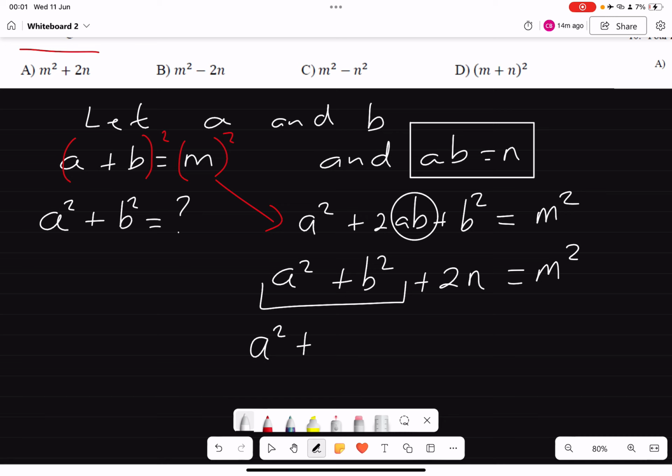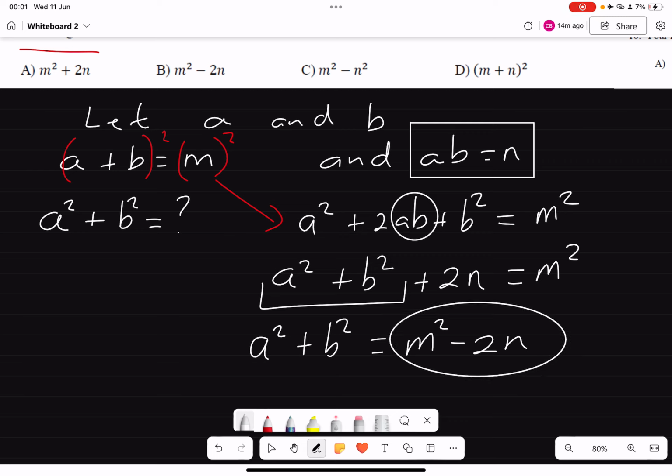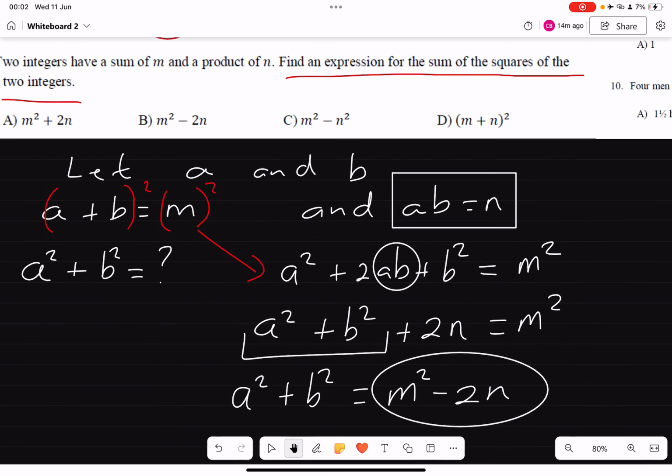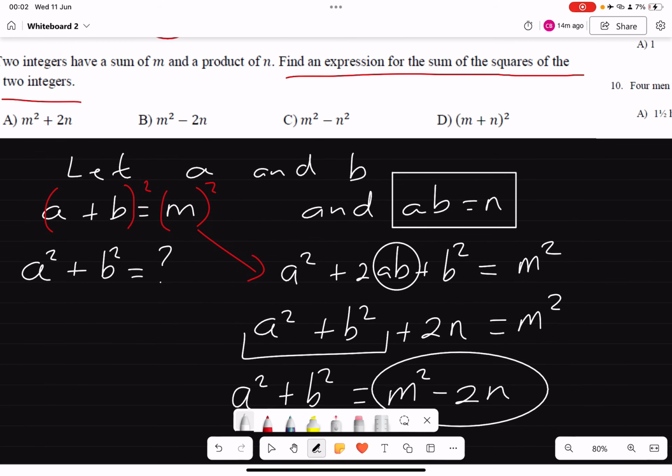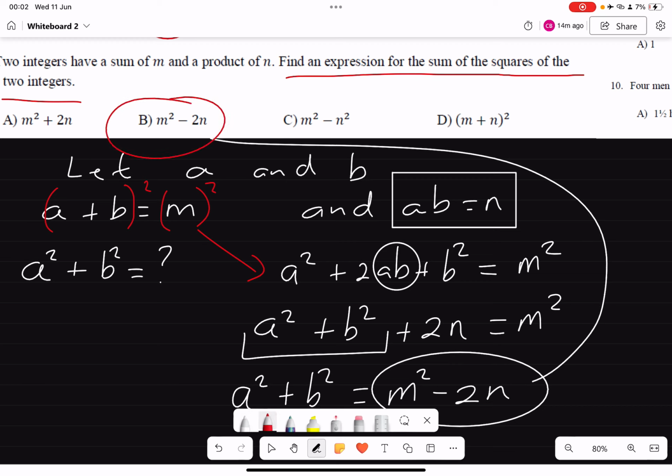So a squared plus b squared equals m squared minus 2n. And that is our answer. Now let's check which one this is. We can see, ladies and gentlemen, that this aligns with B. So our answer for 7 is B.